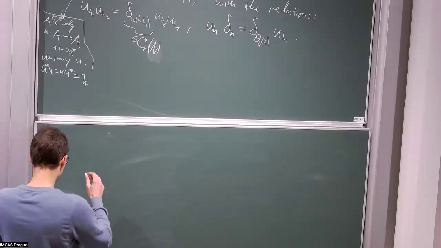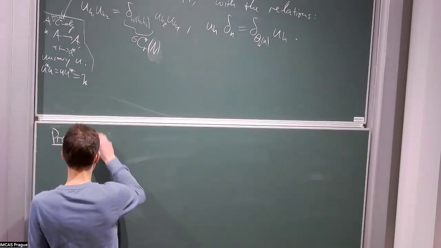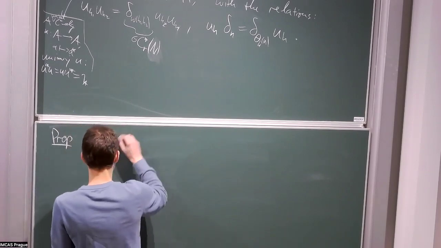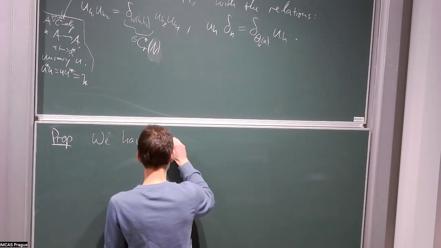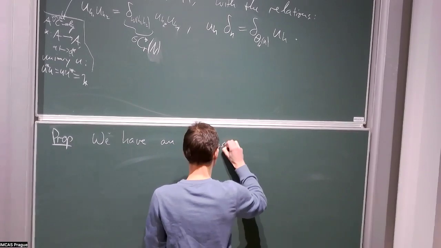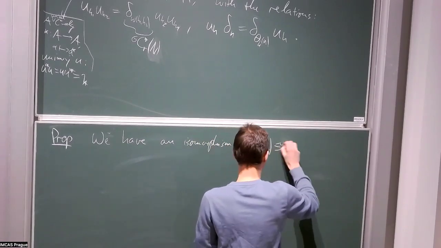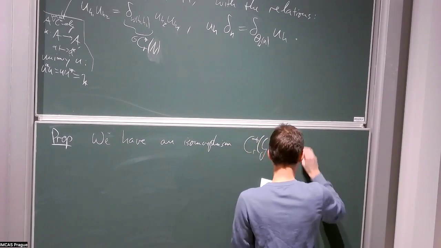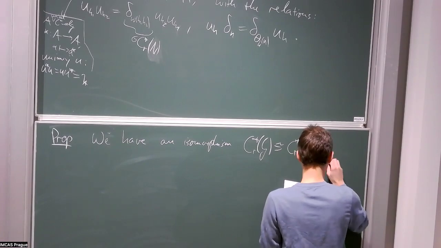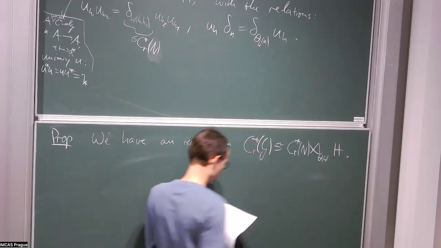And now the proposition is that indeed this twisted cross product is isomorphic to the group algebra we started with. So we have an isomorphism of C-star reduced of G with this cross product, and it's an isomorphism of C-star algebras.